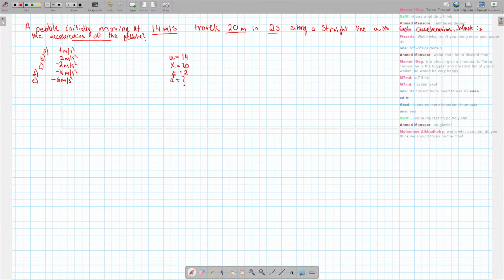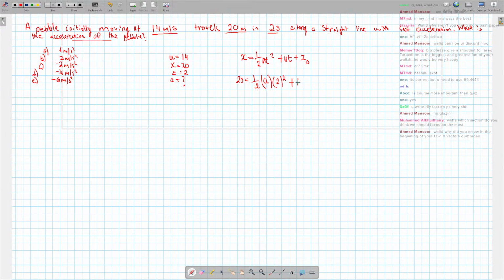Which formula has A, X, U, and T? There's no V. The only formula that doesn't have V in it is X equals half AT squared plus UT plus X node. In this case, let's start substituting. X equals 20, so 20 equals 1 over 2 A, we're trying to find it, right, times time squared, so 2 squared, plus the initial velocity 14 times the time, which is 2, plus 0 because X node is 0.